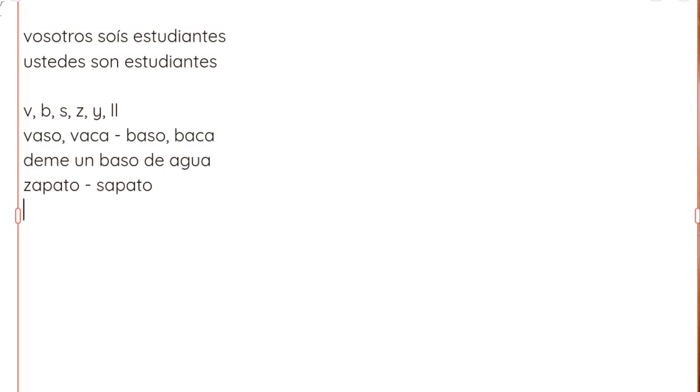Like yegua. Yegua is the female of the horse. We say yegua, and that's the way we spell it, and that's the way we say it. But people may write it yegua, and it sounds the same.